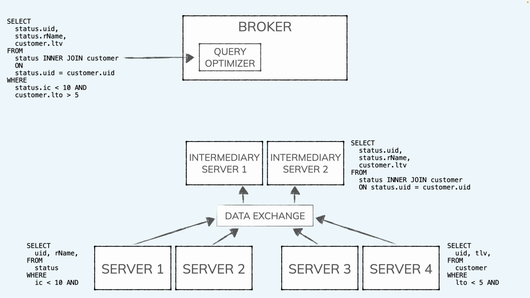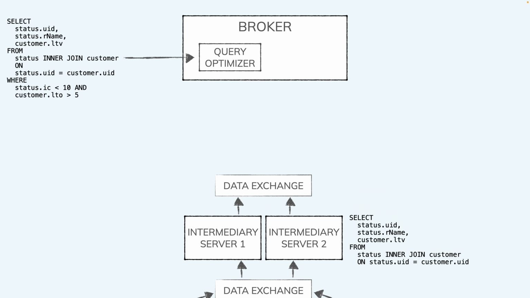So now I've got my inner join. I'm able to throw away all the results that don't match the join condition, and, through the data exchange layer, send those back to a single server. The final stage is always a single server, because we need one server to stream the completed, unified, joined, aggregated, reduced, whatever the query demands, result set back to the broker.